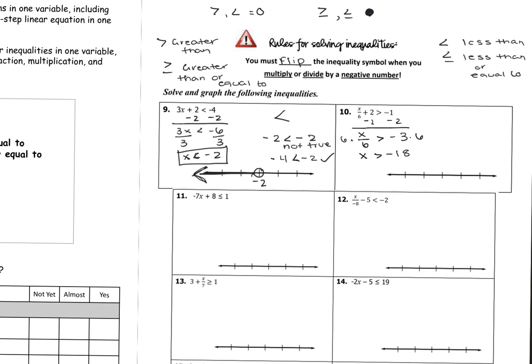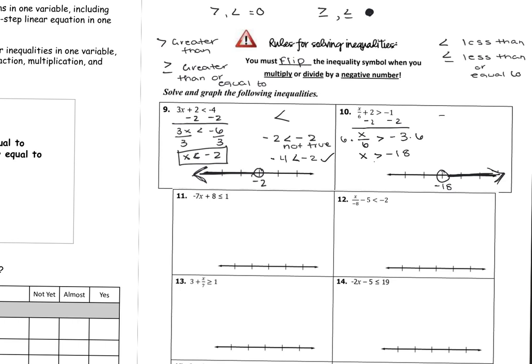All right. So on my number line, I have negative 18. I'm going to have an open circle because negative 18 is not included in the solution. And I want values that are greater than negative 18. So again, I can follow my arrow. It's telling me that I shade to the right, because to the right are values that are greater than negative 18.